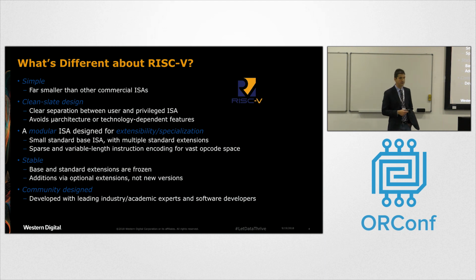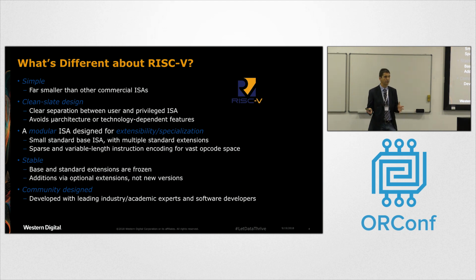And it's very modular, with a lot of code space for both standardizing very useful things like debug, port implementation, trace, vector set instructions. And there's also a private code space that's interesting for proprietary things. For example, for us, if we wanted to implement some instructions uniquely designed for managing a NAND component channel, which is not necessarily interesting to the whole world, and we'd like to keep it proprietary, there is a code space for that.